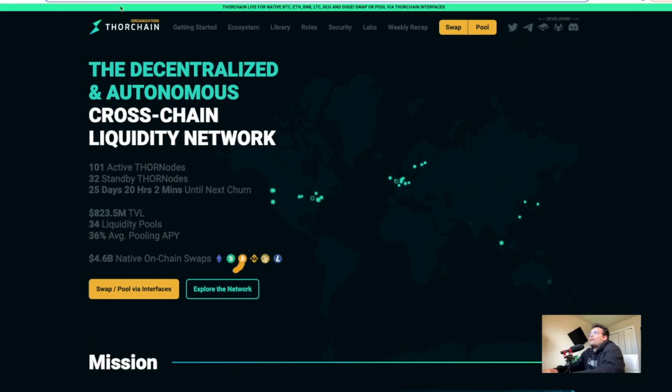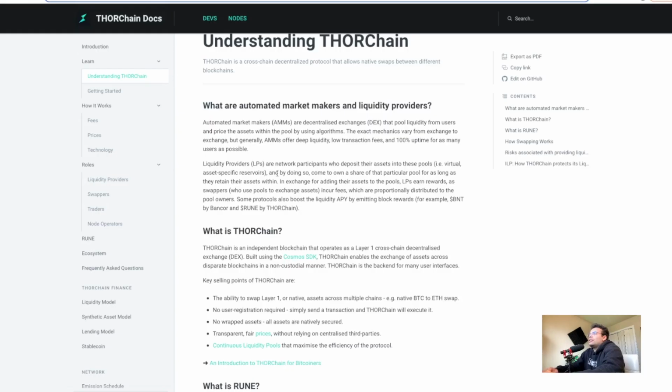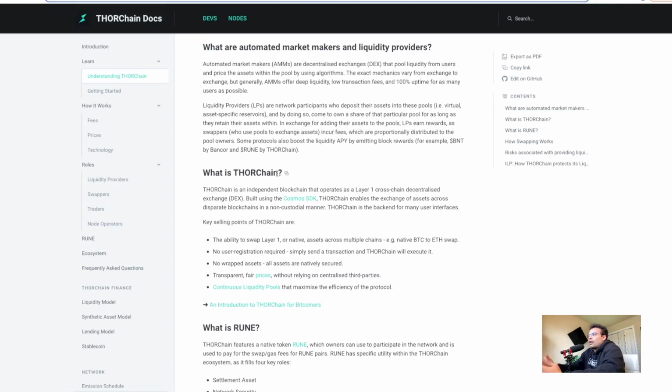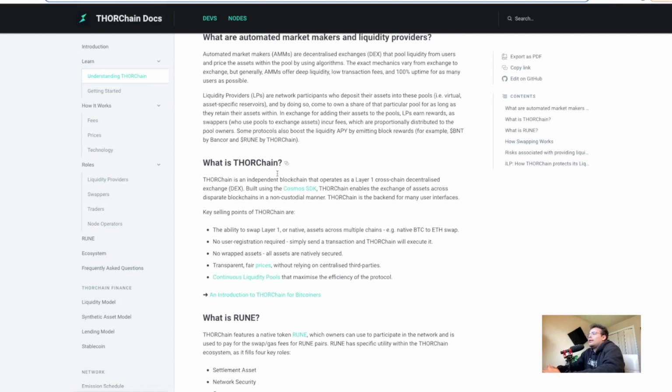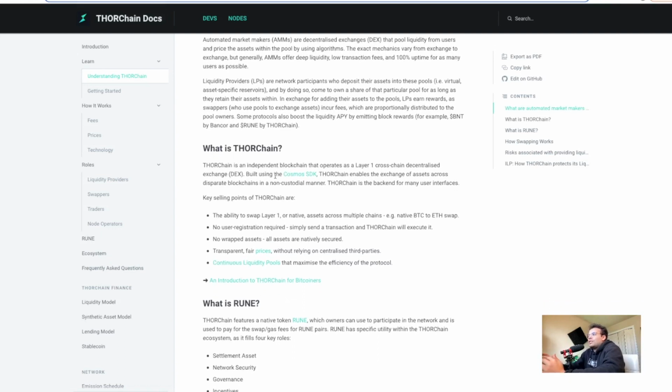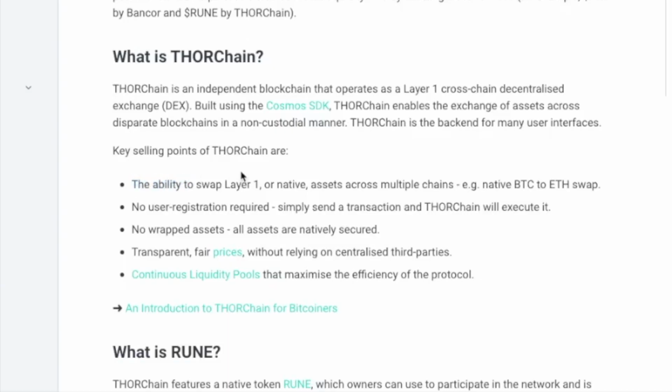Kind of just breaking down what THORChain actually does. So it's an independent blockchain. It operates as a layer one, but the big selling points here are the fact that you can swap a layer one native asset across chains.